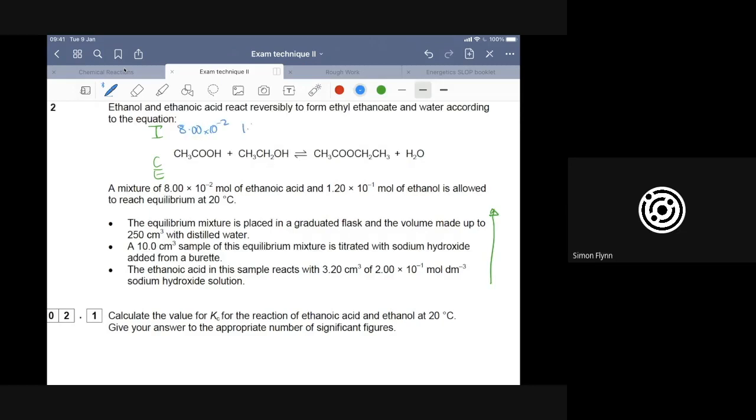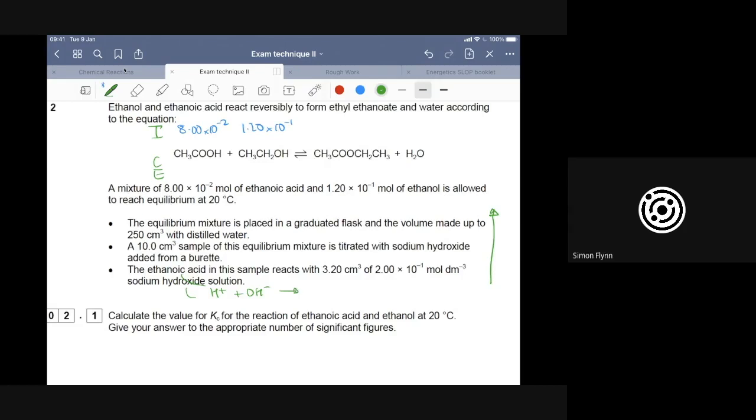So again, you're just setting up, just filling in your table. One of the things, then, they don't give you anything else here. It's this part. This is the thing that will give you your equilibrium of ethanoic acid. So yeah, it's a little bit more tricky, right? So the moles of ethanoic acid will be based on this. So one of the things you could just write is ethanoic acid is H plus, sodium hydroxide is OH minus. So you've got a 1-to-1 ratio.